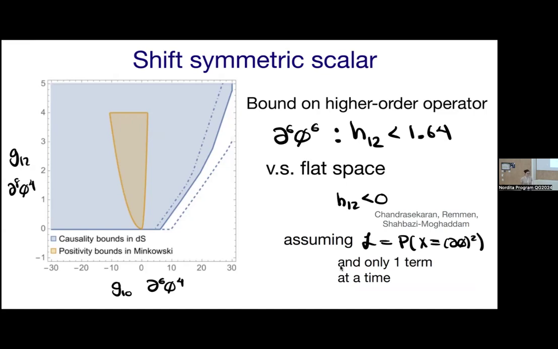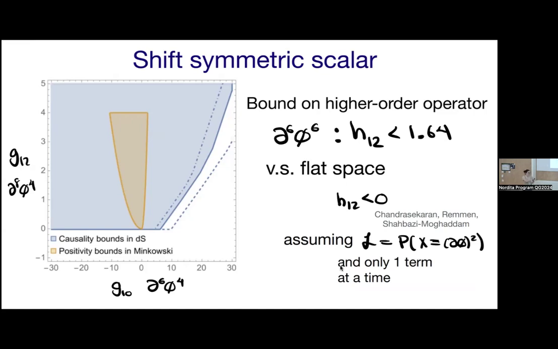It should, yes. Yes, I mean, if you only care about causality and don't start looking at unitarity, this applies just as well.